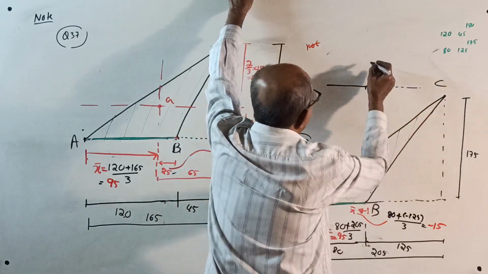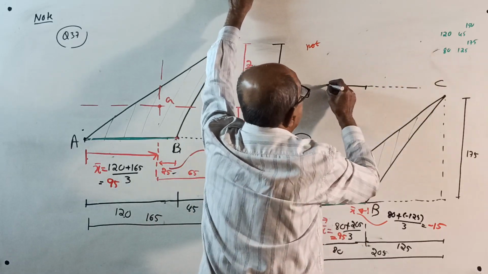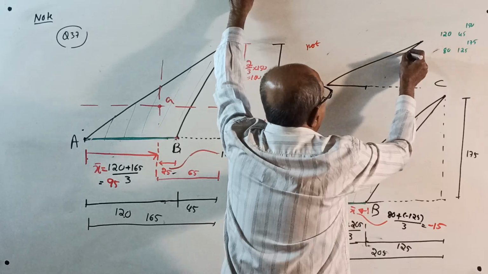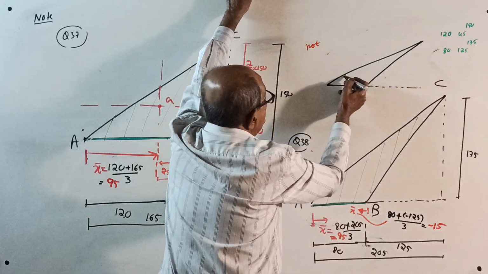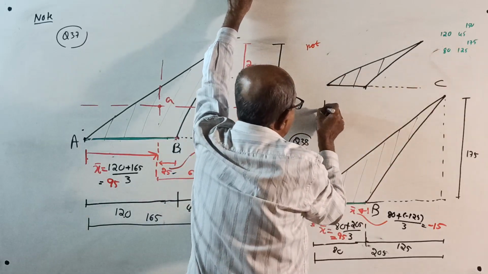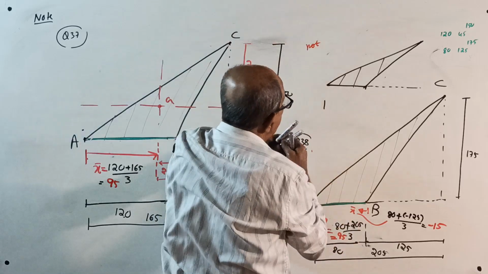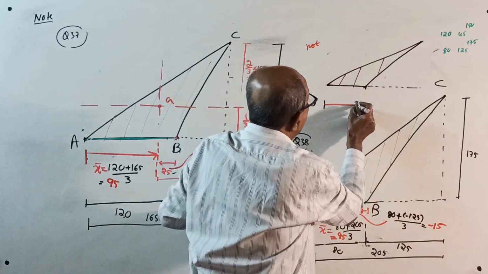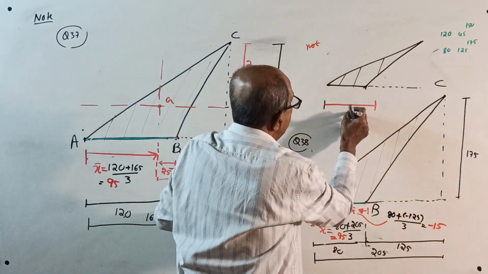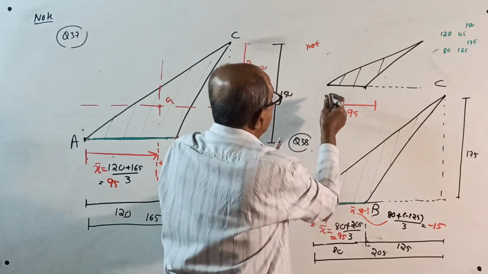Okay. That means, see here now, for this triangle, this is 80, this is 125, this is 175. That means for this triangle, from here 95, this is 80, so 95 will go beyond that point. It will be 95, centroid, from here.